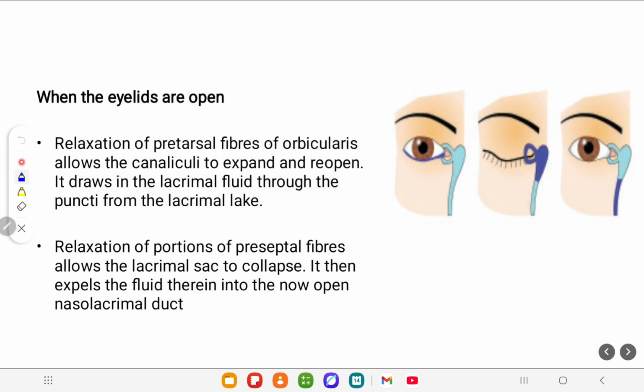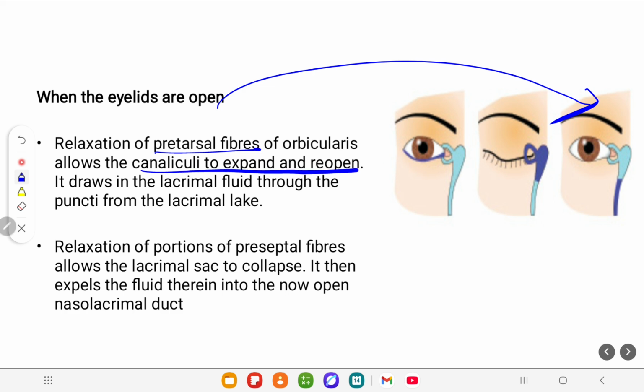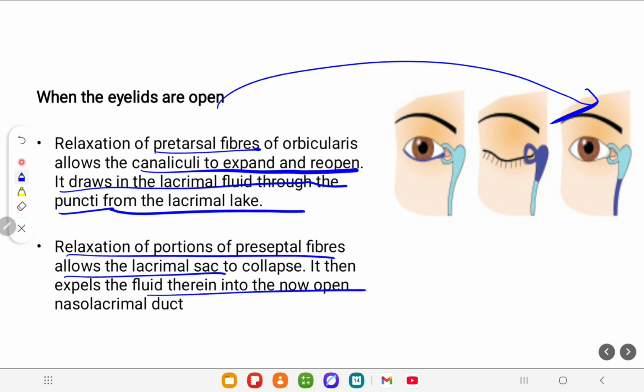When the eyelid opens, what happens? Relaxation of the pretarsal fibers of the orbicularis allows the canaliculi to expand and reopen, then draws the lacrimal fluid through the puncta from the lacrimal lake. The relaxation of the preseptal portion allows the lacrimal sac to collapse and expel the fluid, thereby opening the nasolacrimal duct.